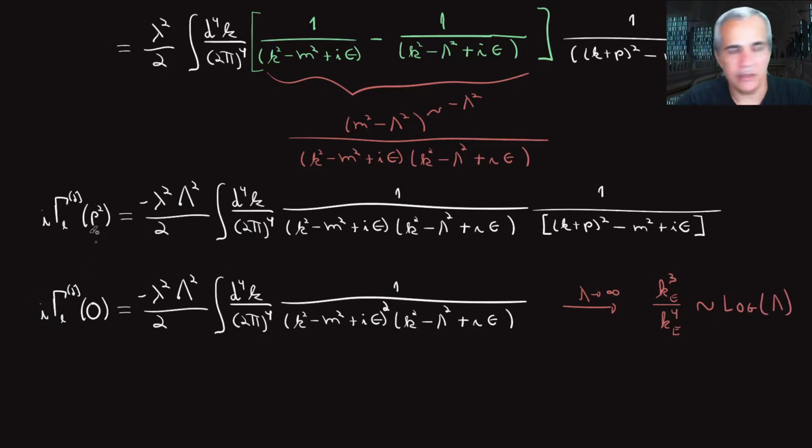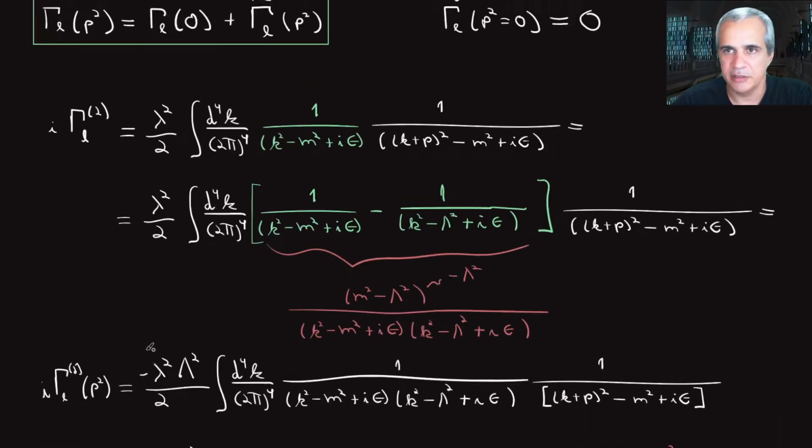And then the second part, which is the rest of the Taylor series. I can write the one I called gamma tilde of p squared using this equation up here.